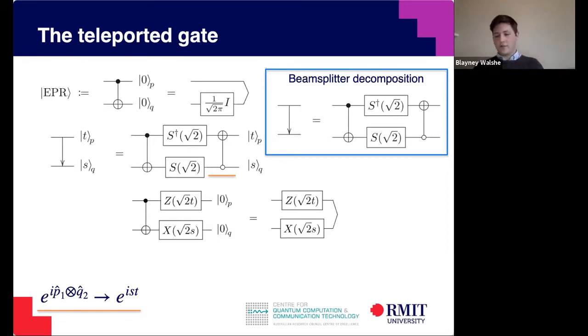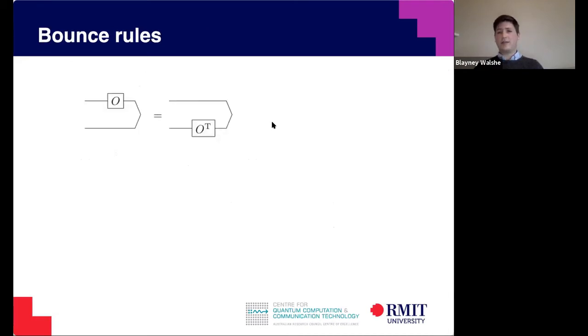But we can take it one step further to simplify this by introducing a pretty cool technique that can be done with these EPR states. We call it bouncing. So any operator acting on an EPR state can bounce down to the other wire by having a transpose. Now that transpose is with respect to the basis in which the maximally entangled state is perfectly correlated.